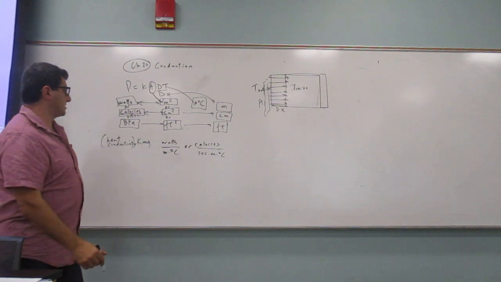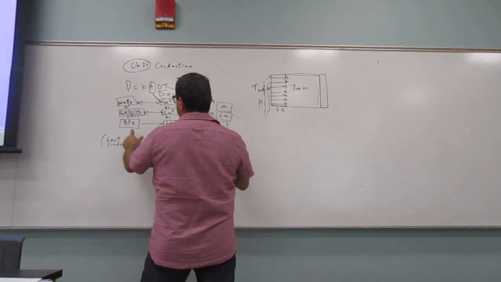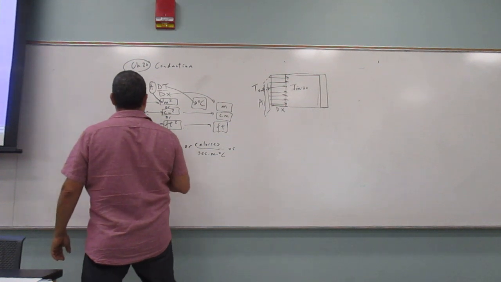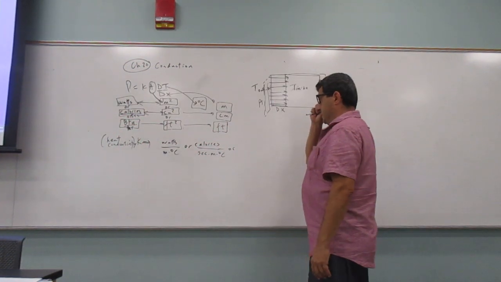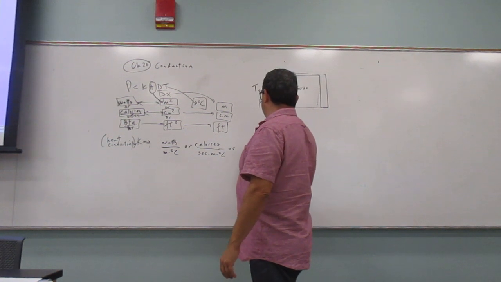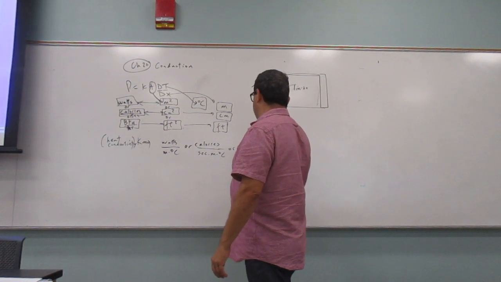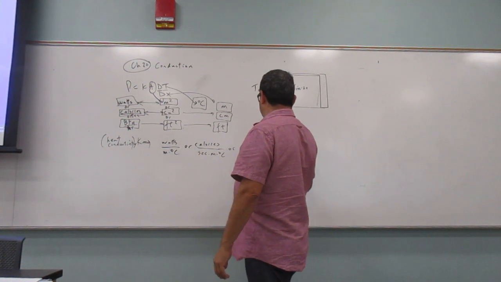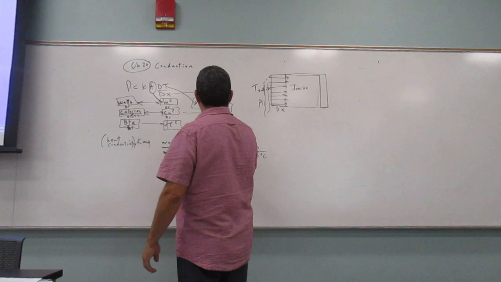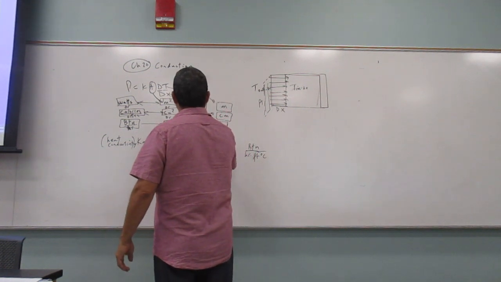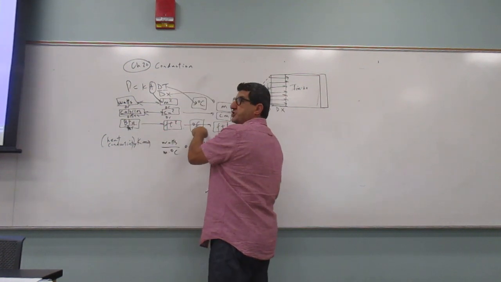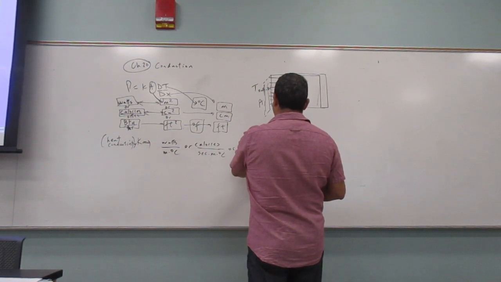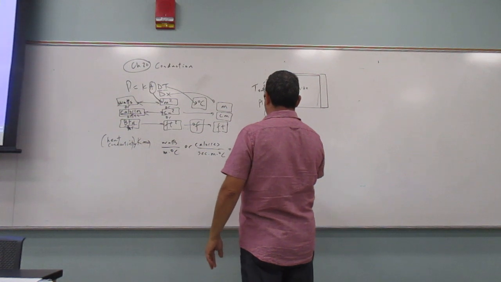That would be the other possible units. Or it could be British thermal unit per hour per feet, and Fahrenheit. If we're doing the British system, the change in temperature would be Fahrenheit.